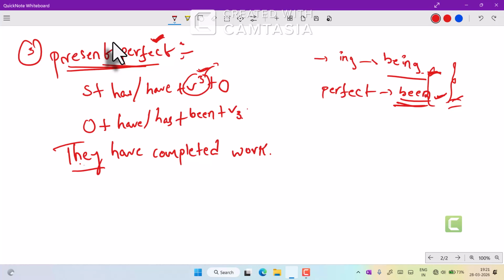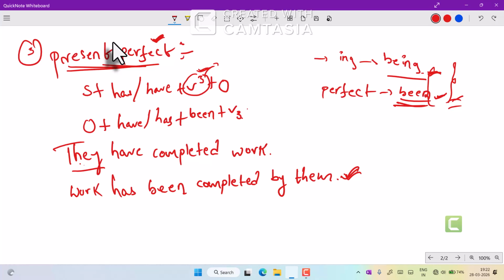Now you see how it can be changed: work has been completed by them. That's it. The work has been completed by them. We added been because it is in V3 form, the V3 participle. Just remember this.